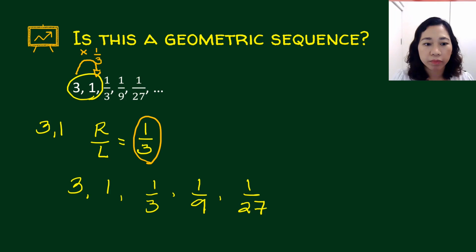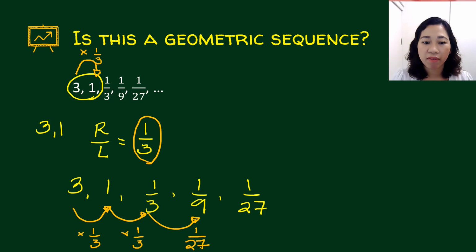1/27, and then, so again, 3 times 1/3 is 1. 1 times 1/3 is 1/3, that's correct. 1/3 times 1/3 is really 1/9. And 1/9 times 1/3 is 1/27.